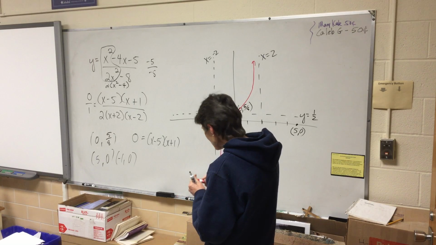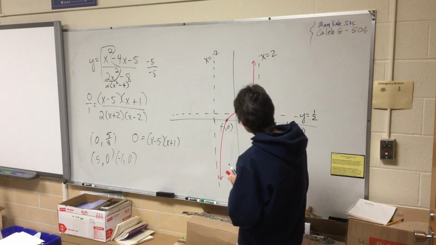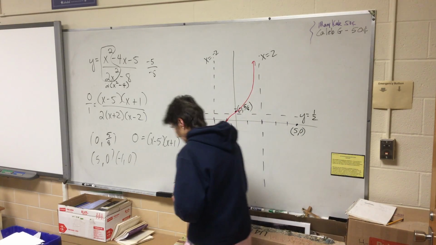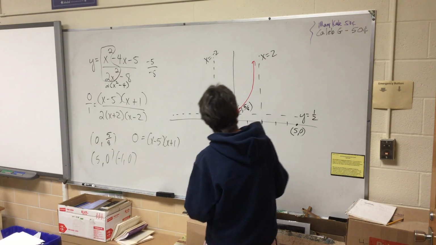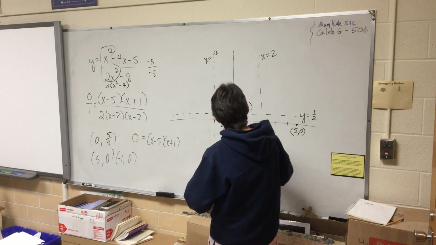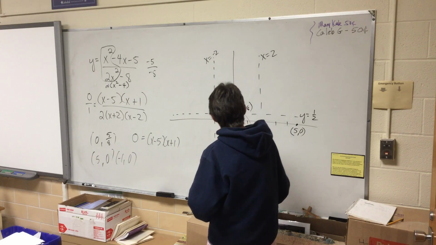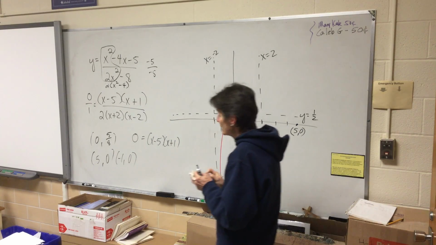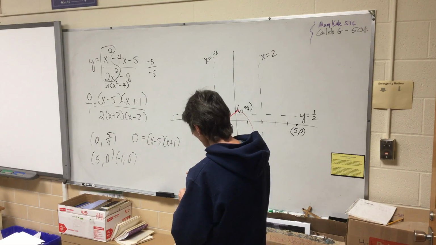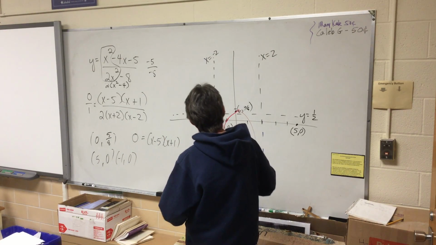Now, someone asked me the other day, Mrs. Ford, couldn't it look like this? Couldn't it do something like this? And the answer is not this time. It absolutely could in certain problems, but not this time.